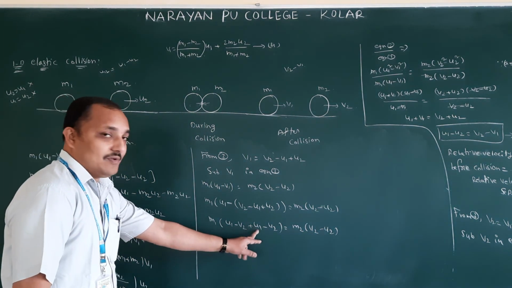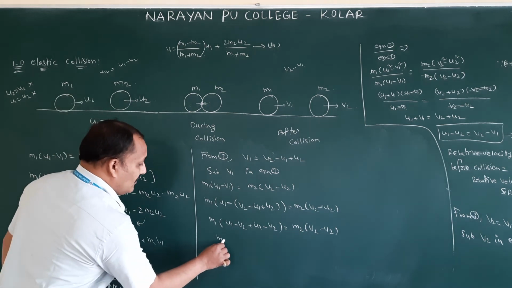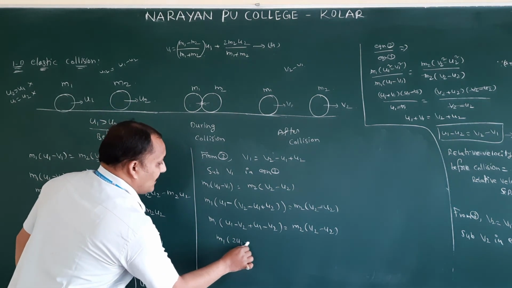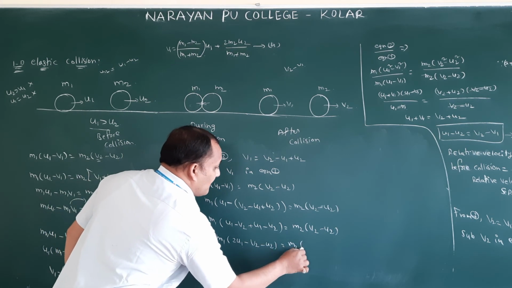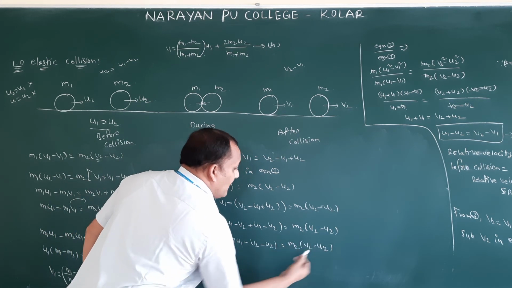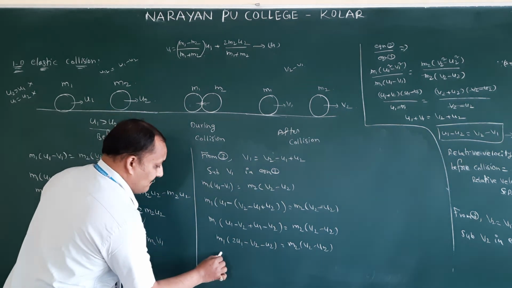So u1 plus u1, 2u1. So m1 (2u1 minus v2 minus u2) is equal to m2 (v2 minus u2). Expand this.